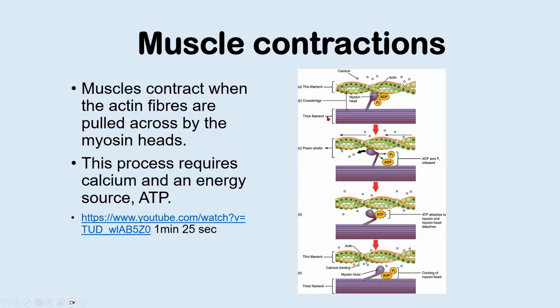Calcium's floating around everywhere. There's a cross bridge between these, and as soon as the third phosphate breaks, they're attached, and the energy moves to this head, and what it does is bend, but because it's attached to the actin fiber, it moves the fiber, in this case, to the left.